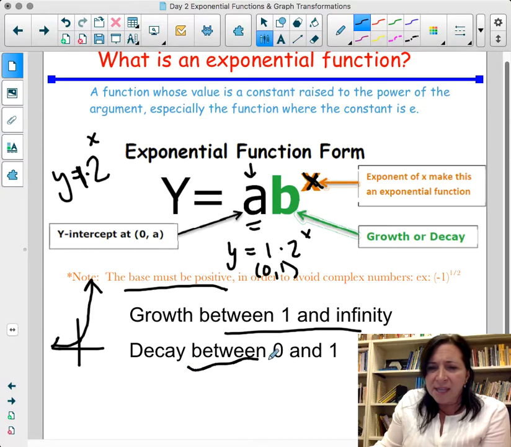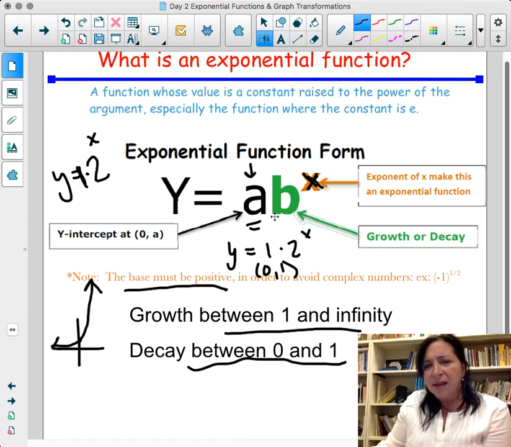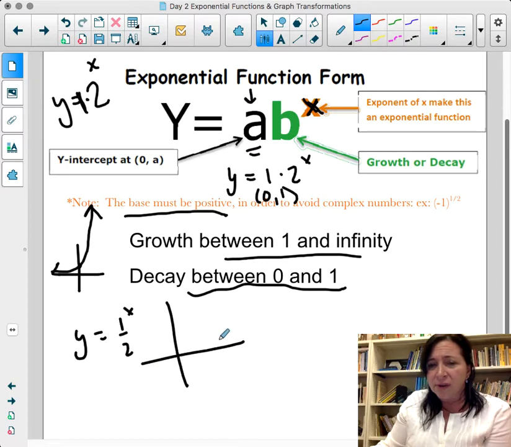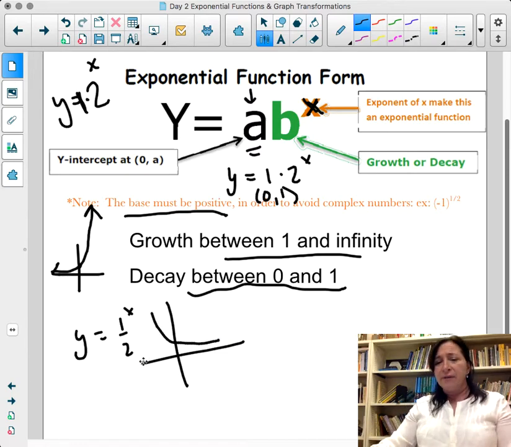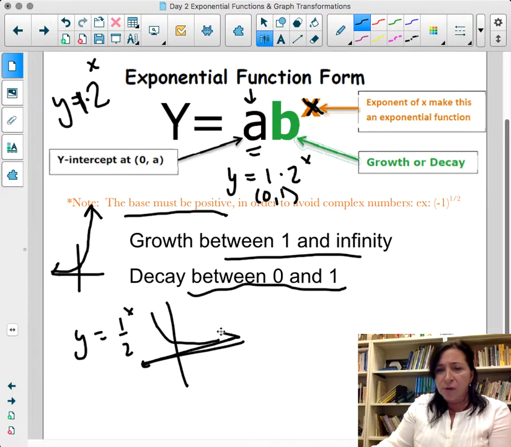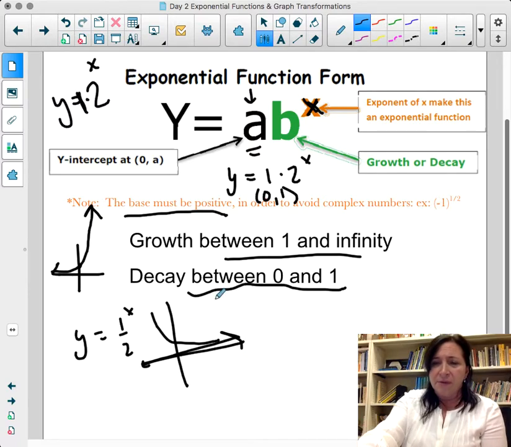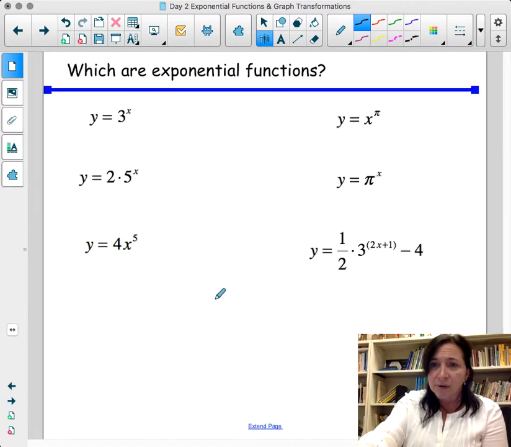But also decay is going to be from 0 to 1. Decay means that if this b value isn't a whole number, and let's say it's a fraction, like 1/2 to the x power, then instead of it being a growth, it's actually going to be a decay. All right, you still have y equals 0 as your asymptote because your growth or decay is going to be above 0. It's still a fraction above 0.